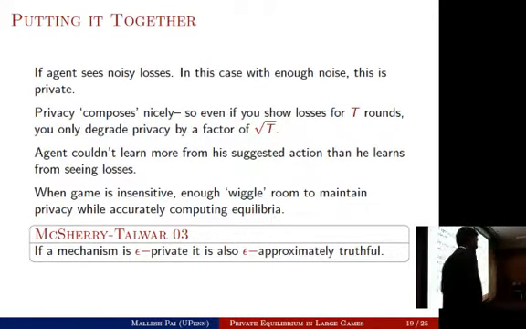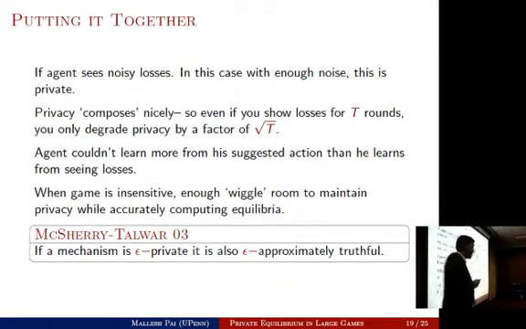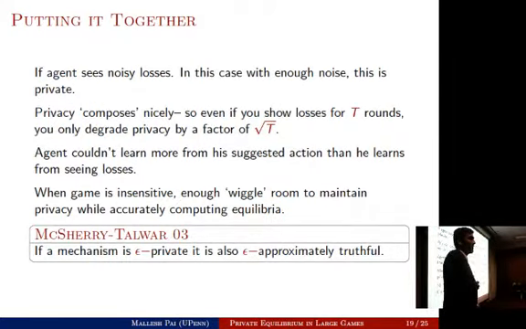Now you just have to do a little bit of computation to convince yourself that when the game is insensitive, so when gamma is of the order of 1 over n, there's enough wiggle room to maintain privacy while accurately computing equilibrium. So you can add noise and run the algorithm enough times to get everything to work out.